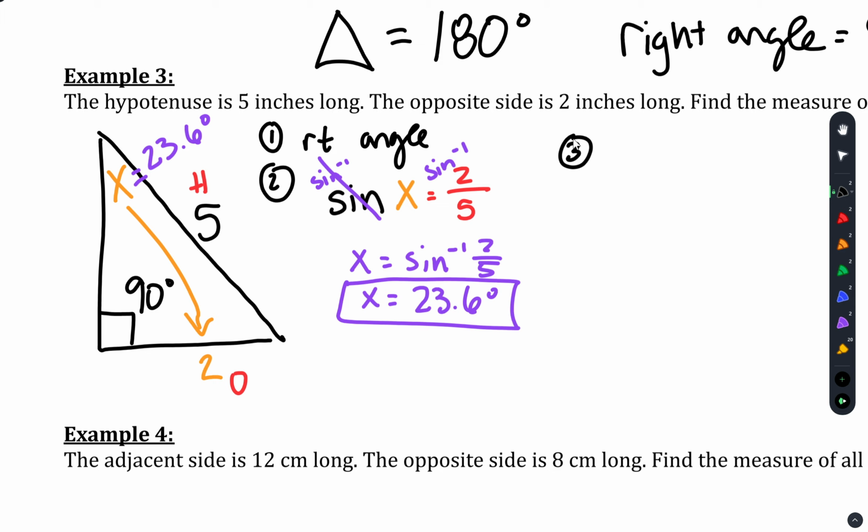Exactly. I know all three angles have to add up to 180, so I'm going to subtract the two angles that I know, the 90 and the 23.6, to get whatever that third angle is. That third angle, 180 minus 90 minus 23.6, is 66.4 degrees.